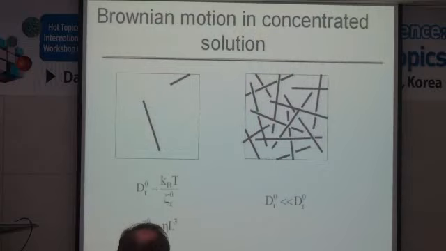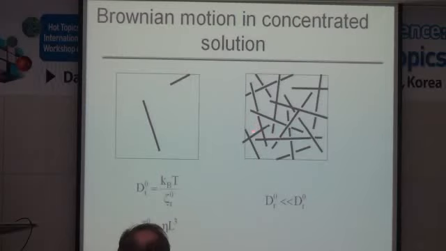I just want to emphasize this point. The situation we need to deal with is one where many rods are entangled. They are hindering each other. The rotational motions are hindered by other rods. One can expect that the rotational Brownian motion is essentially determined by the viscosity of the solvent.